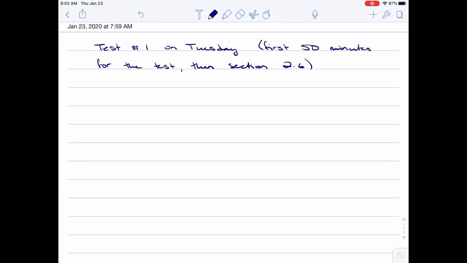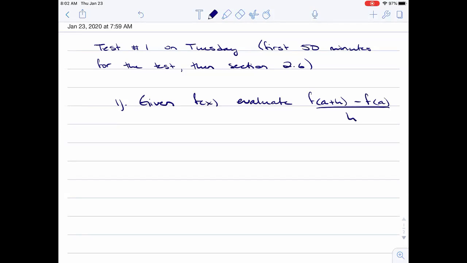So the first question. These guidelines will be pretty vague, but given f of x, evaluate f at a plus h minus f at a over h.